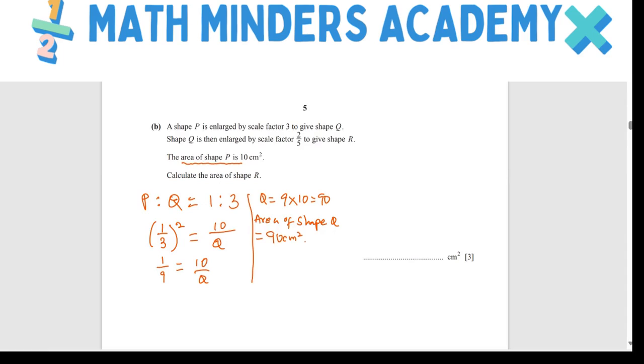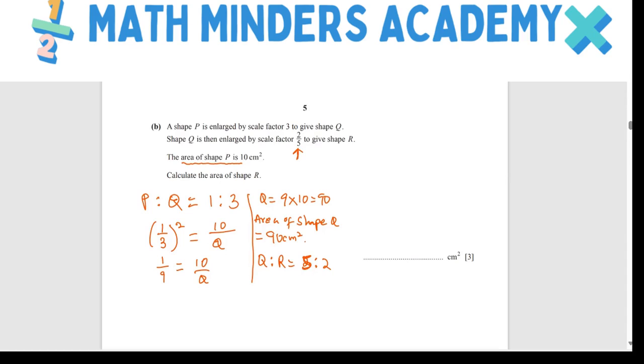Then we also notice here that Q ratio R is going to be 5:2. Because if you look at it here, shape Q is then enlarged by a scale factor. So this scale factor means that the object, the image is going to be smaller.